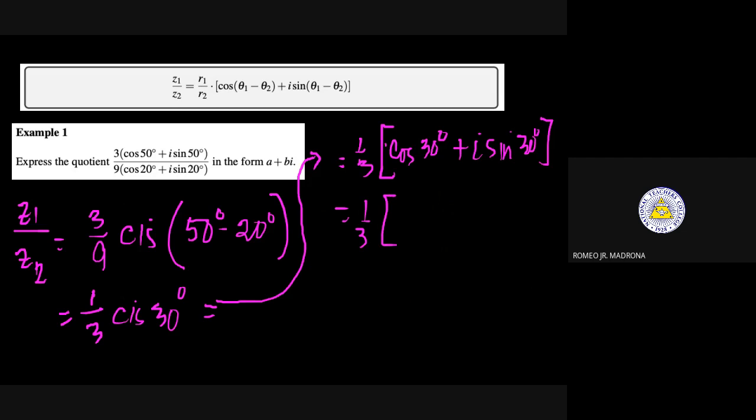What is cosine 30 degrees? Square root of 3 over 2. Tama ba class? Plus sine 30 is 1/2. So, i over 2. Square root of 3 plus i all over 6. Ayan, tapos na. Okay?